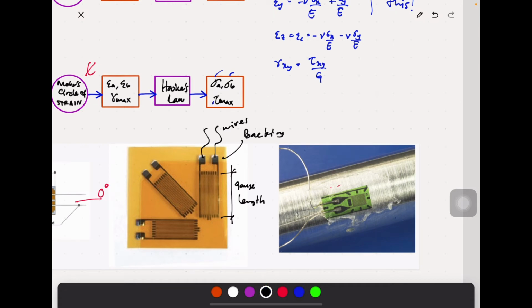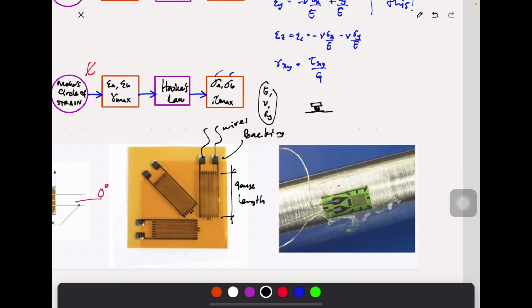I would like to illustrate right here. If you have a sample that you want to test, in order to know the strength, the Young's modulus, the Poisson's ratio, the yield stress for the material, it can be measured by the machine.